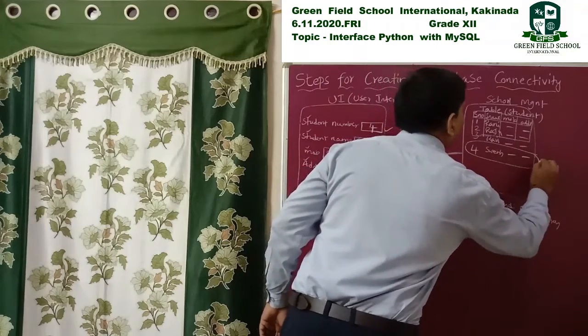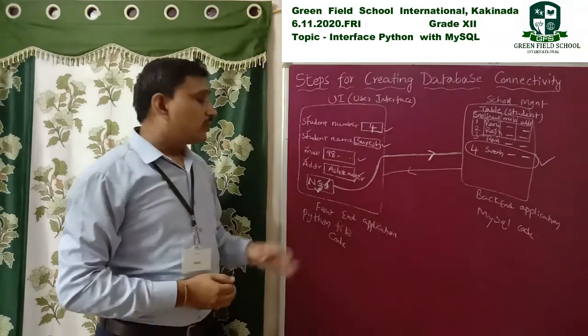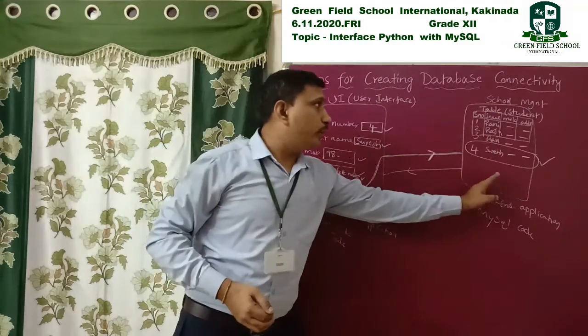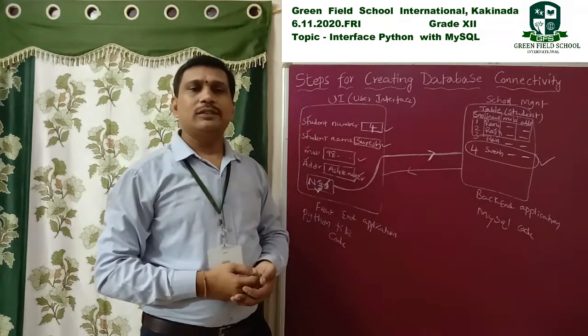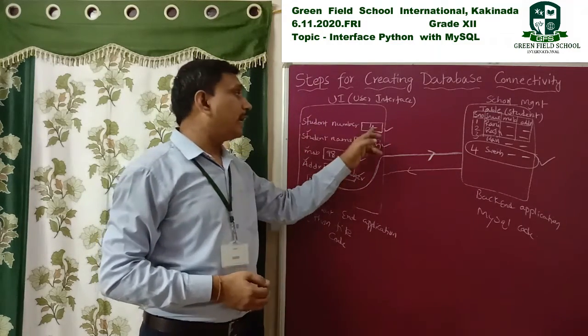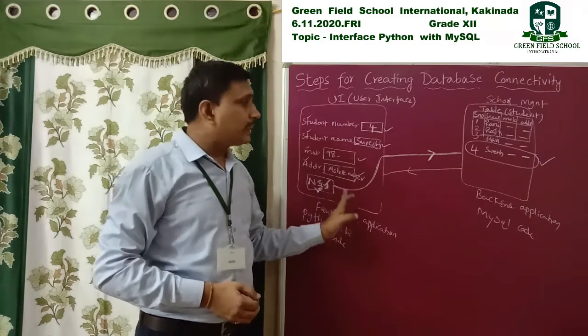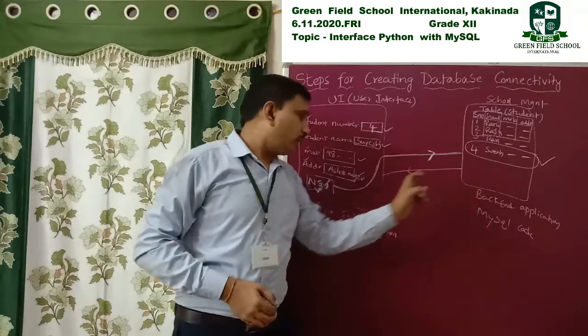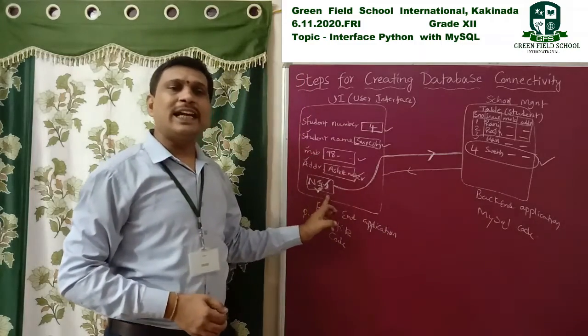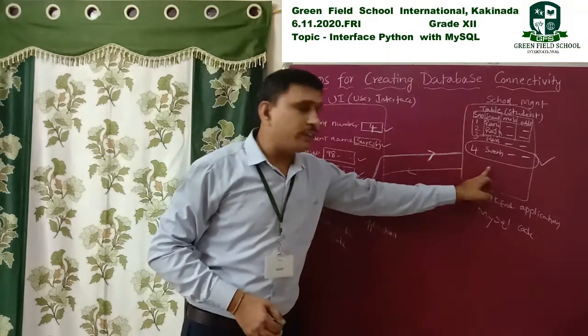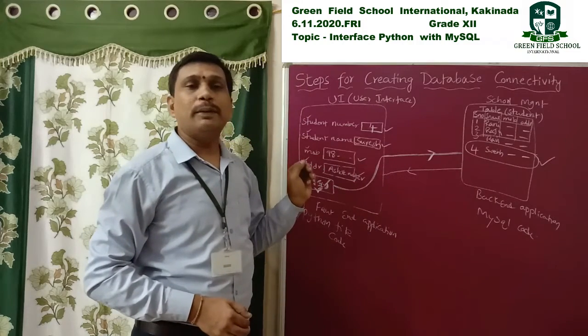This row is added here. So the front end communicates with the back end in this way. The user enters all this data in this front end application, and it is inserted here. When you are clicking, the data communicates by using database connectivity.